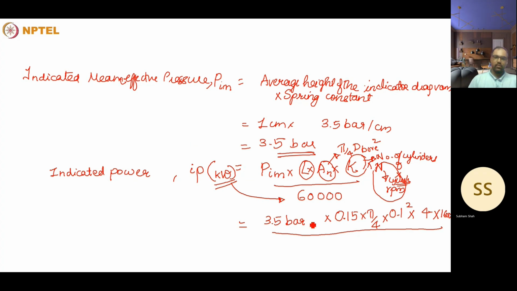If you write it properly, it will be 3.5 bar into 10 power 5. It will be coming around 43.98 kilowatt.